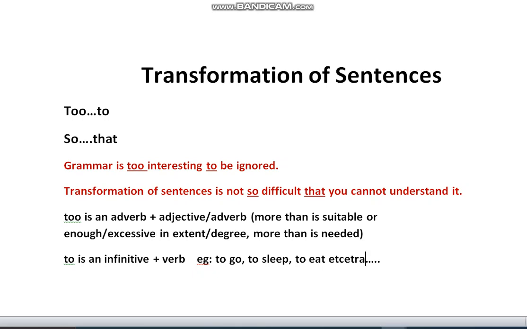So if we have to use the structure "too...to" in a sentence, what is the order? "Too" is followed by the adjective, then we write the infinitive, the verb, and then the remaining sentence.